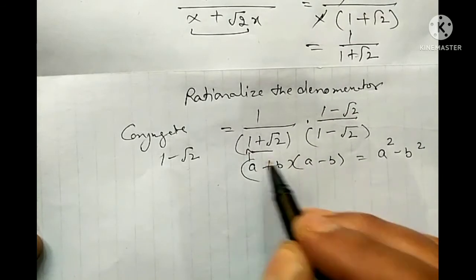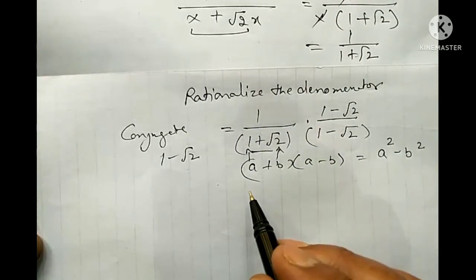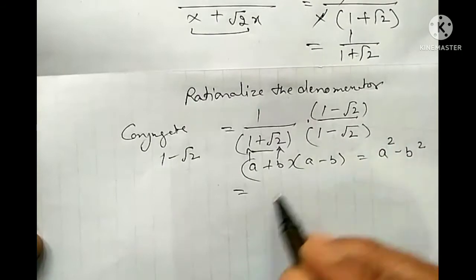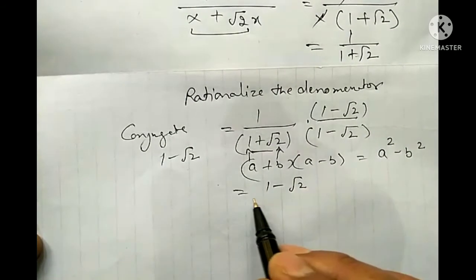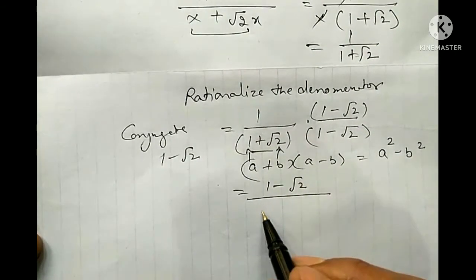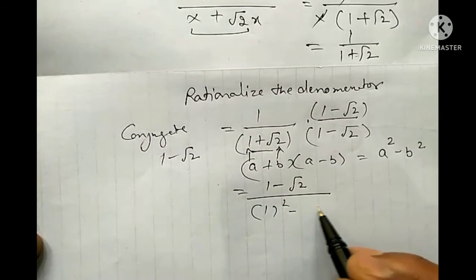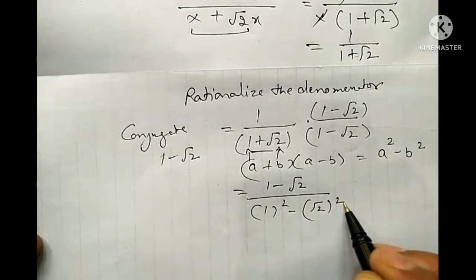So here a is 1, b is square root 2, and this is equal to 1 minus square root 2 over 1 square minus square root 2 square.